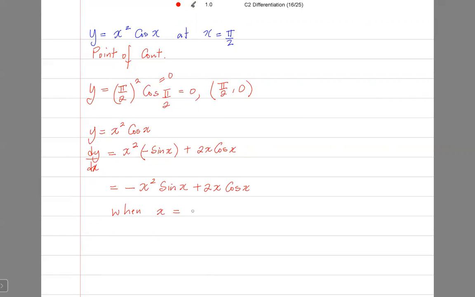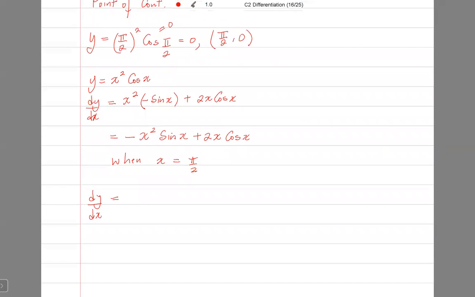I'm going to say when x is equal to pi by 2, dy by dx, the gradient of the curve, which is equal to the gradient of the tangent, would be minus pi by 2 squared sine pi by 2 plus 2 pi by 2, the cosine of pi by 2.